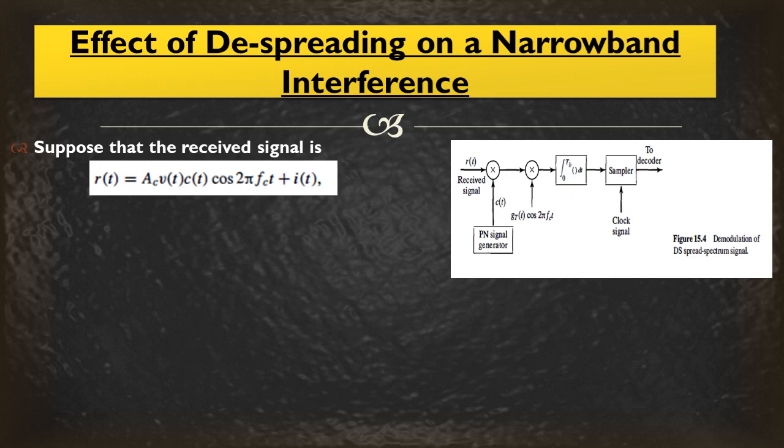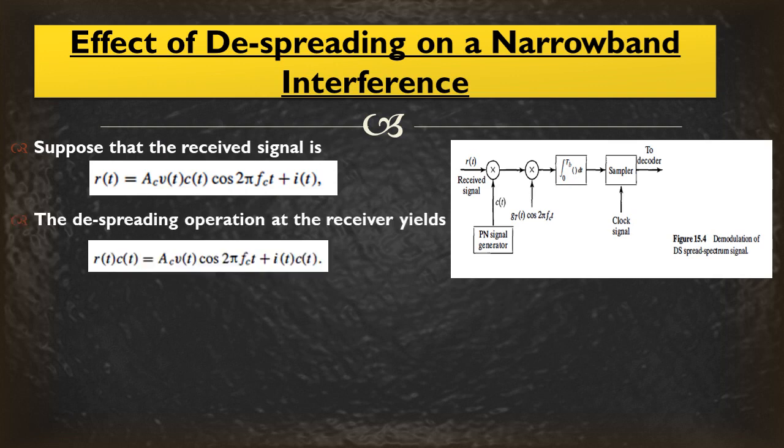Now, this r(t) is given to the demodulation process of the DSSS, where c(t) is multiplied initially, correct? This r(t) is multiplied with c(t). That means both this component and this component are multiplied by c(t). So if they are multiplied with c(t), the despreading will give you what?